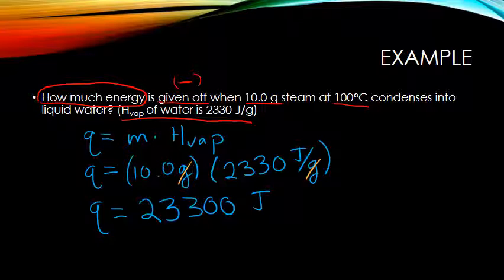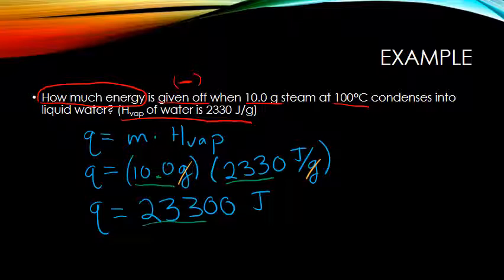Now let's take a look at our significant figures. Since we have the decimal in our 10.0, all 3 of those digits will count. So we have 3 significant figures there, and we have 3 significant figures in our heat of vaporization. So we want 3 in our answer.